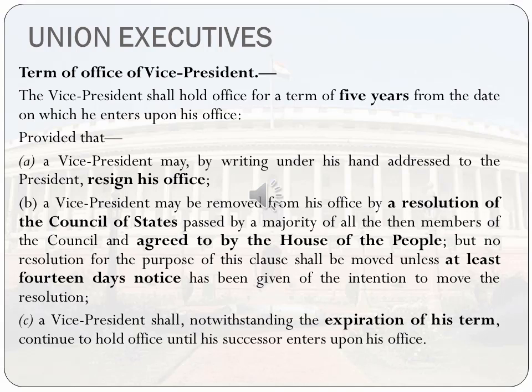On the expiration of his term, a new Vice President or his successor enters his office. Until then, he can hold the office of the Vice President.